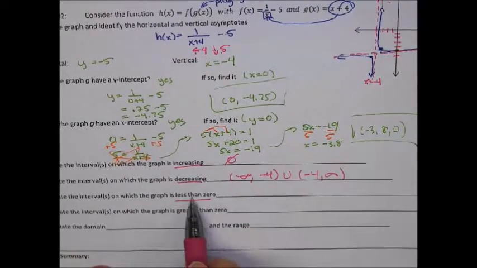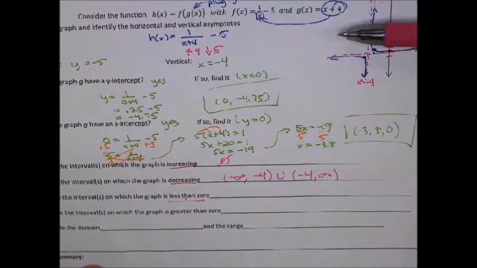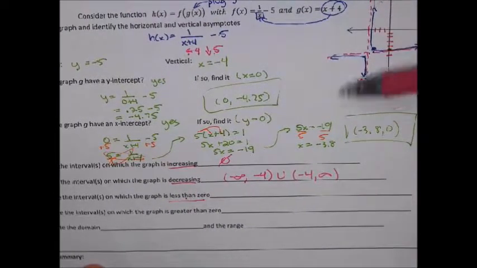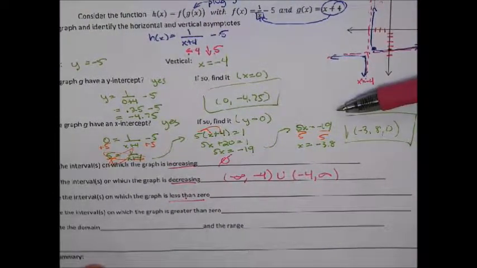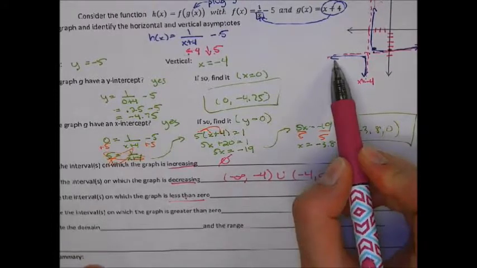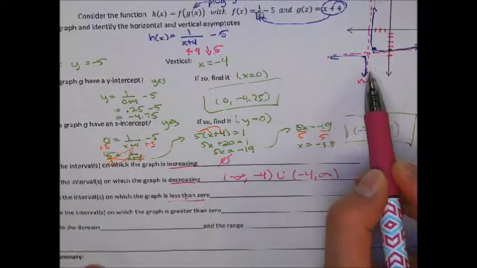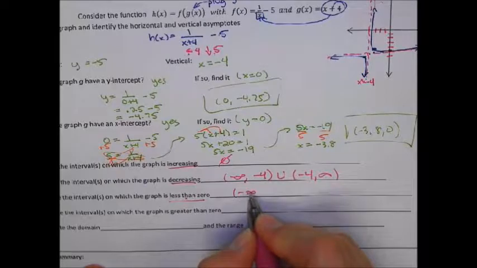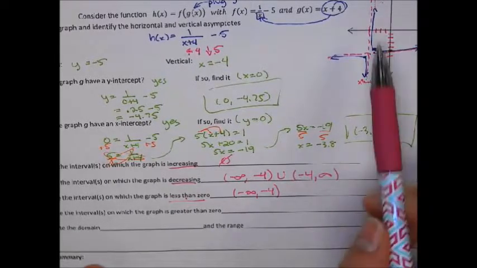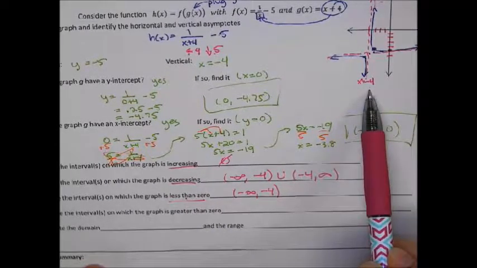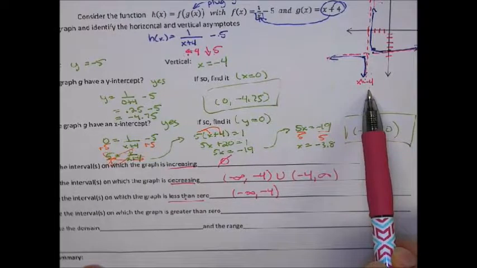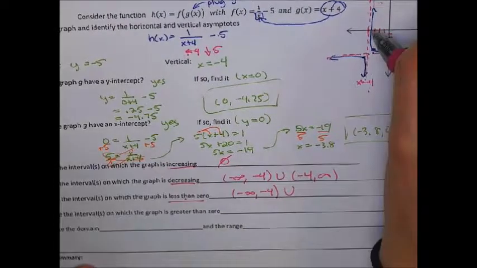Less than 0, where am I? Below the x-axis. So that's negative infinity to negative 4. And then we have just this little piece here that's above.